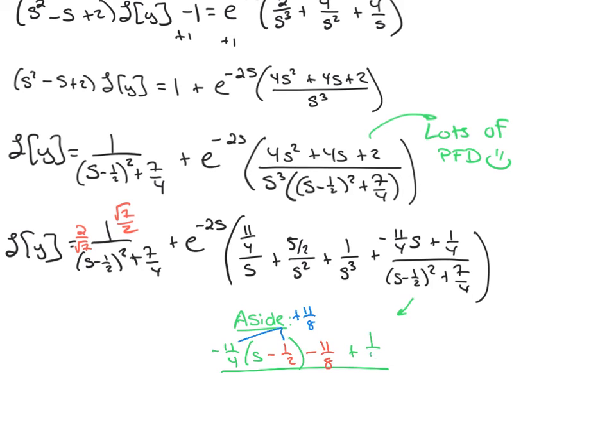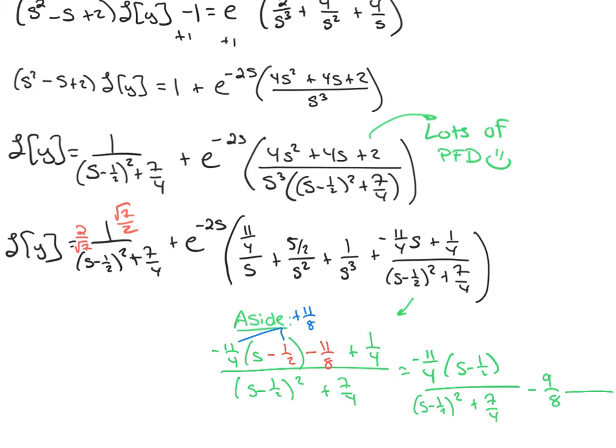And then we had the 1/4 pre-existing over s minus 1/2 squared plus 7/4. Cool. Okay, so that gives us negative 11/4 times s minus 1/2 over s minus 1/2 squared plus 7/4. What's that? Negative 9/8. 9/8, over s minus 1/2 squared plus 7/4.